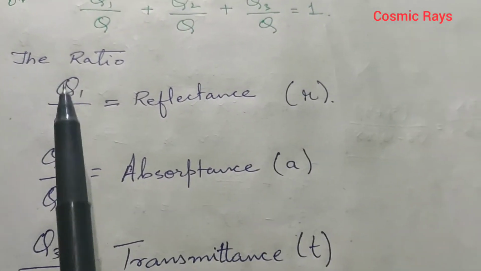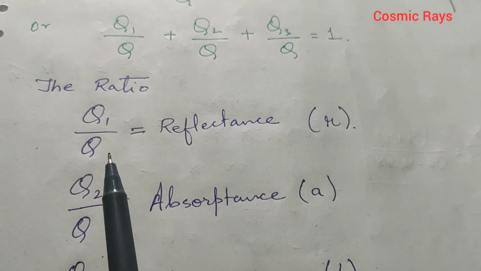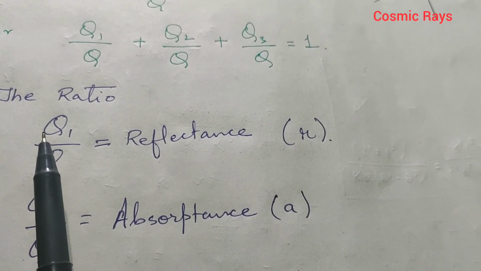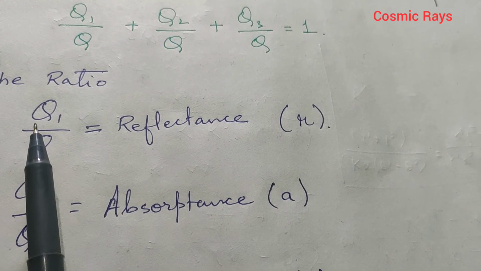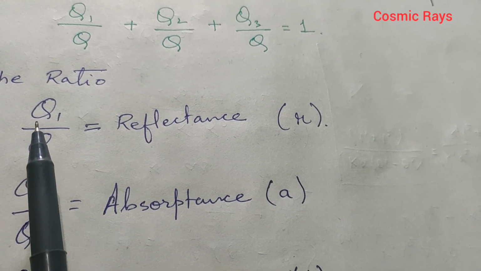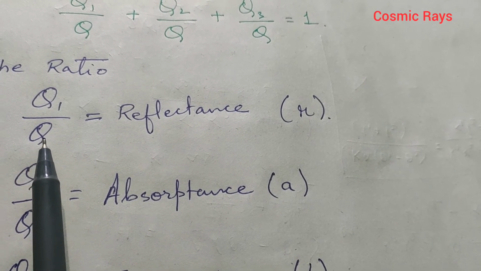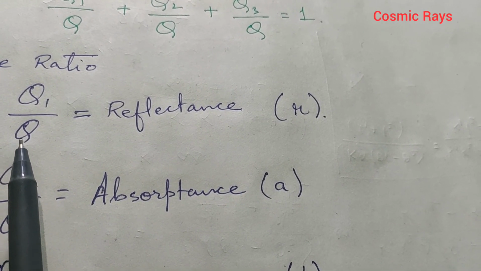So the ratio Q1 by Q, where Q1 is the part of total heat which is reflected back, and Q is the total radiation falling on the surface.